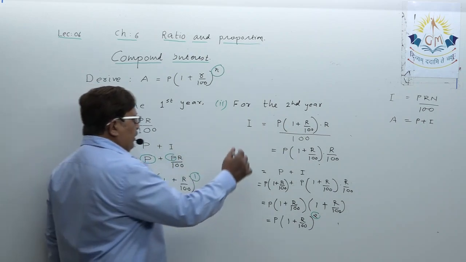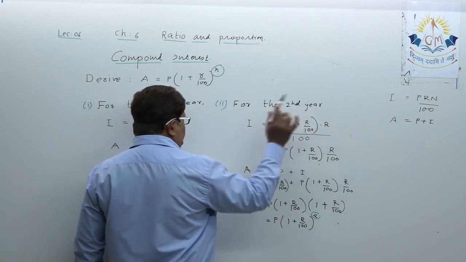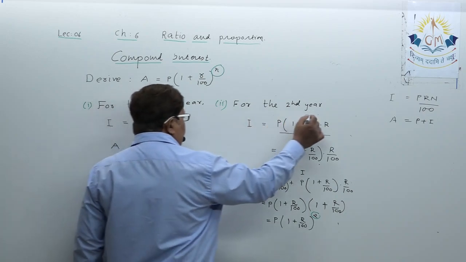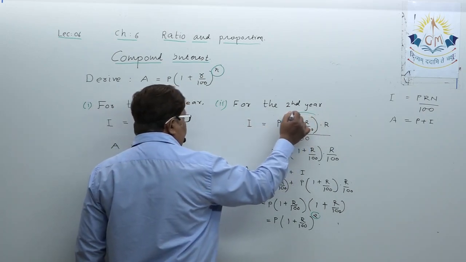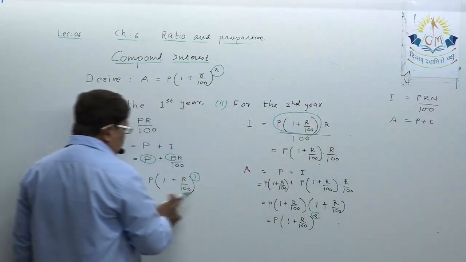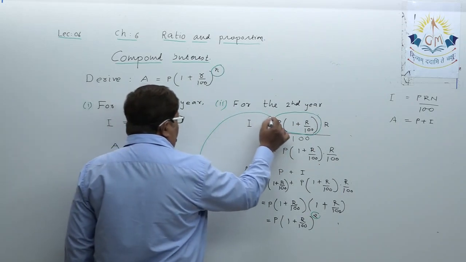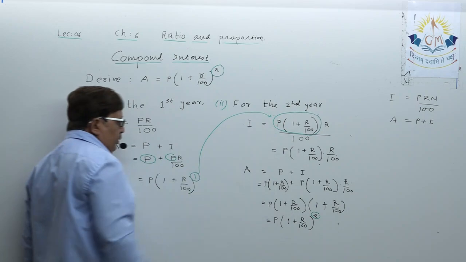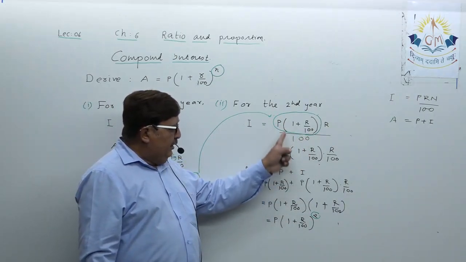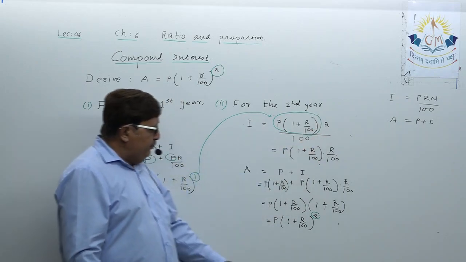Okay. So again formula I equal to PRn upon 100, n is 1, R as it is. Instead of P, you have placed this amount. This amount became principal. Upon 100, I have just written in modification format R upon 100.